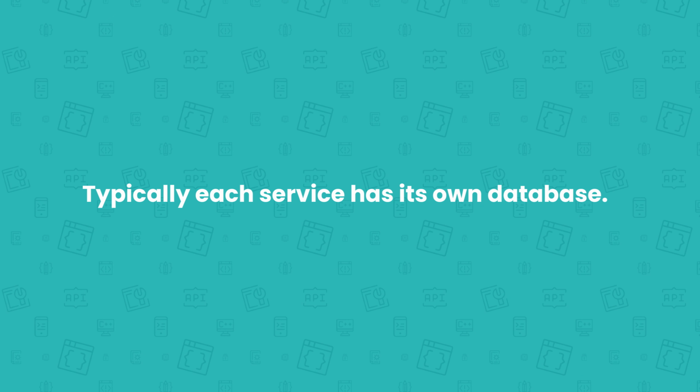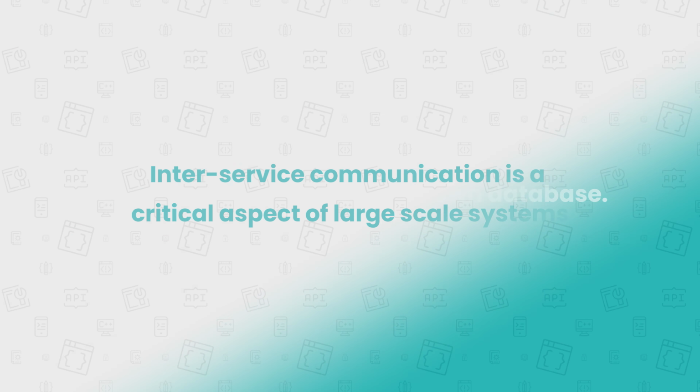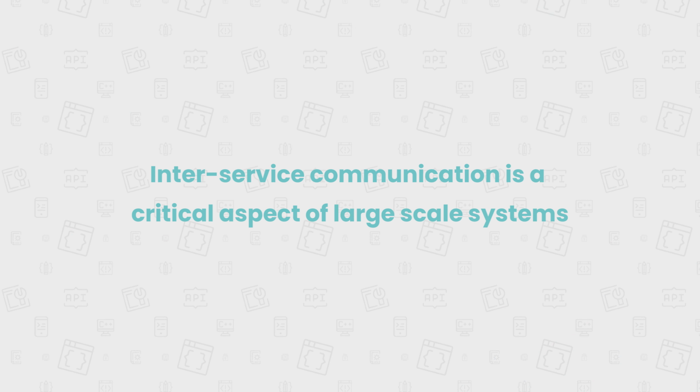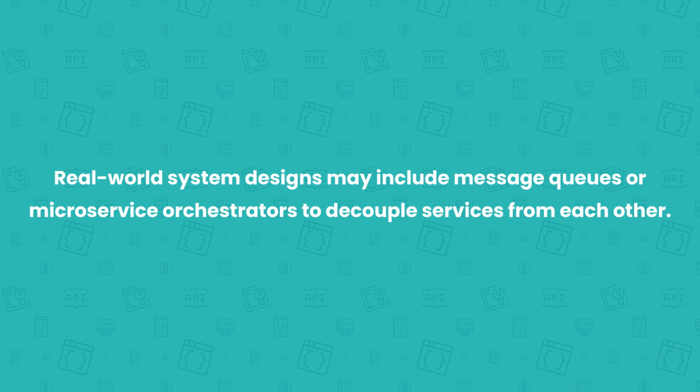Typically, each service has its own database. Inter-service communication is a critical aspect in any large-scale system because it enables complex workflows. Real-world system designs may include additional components such as message queues or microservice orchestrators to decouple services from each other.